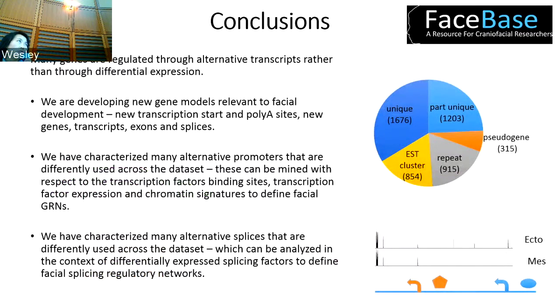And for Aim 2, Joan and I just told you that alternative splicing is a major regulator for differential expression in facial development as well, and combined with other genomic data, we can build a better gene regulatory network, and also an alternative splicing program and regulatory program for the face.